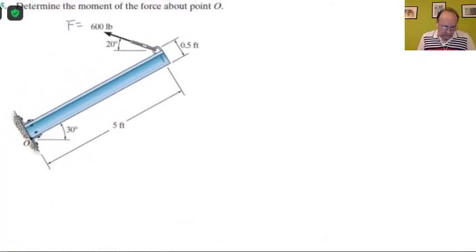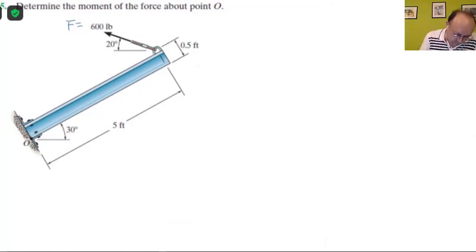We have a 600-pound force applying at that point here. So maybe the system of components is also convenient, because I see it as a little more elaborate to find the distance from the point to the line of action.